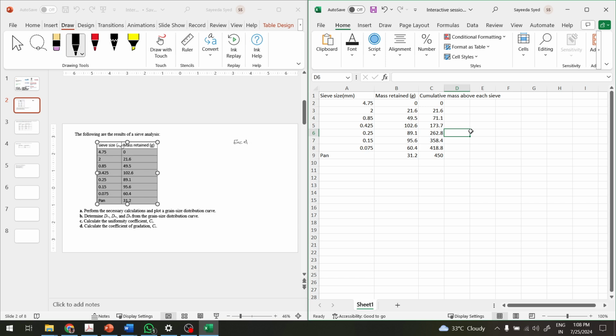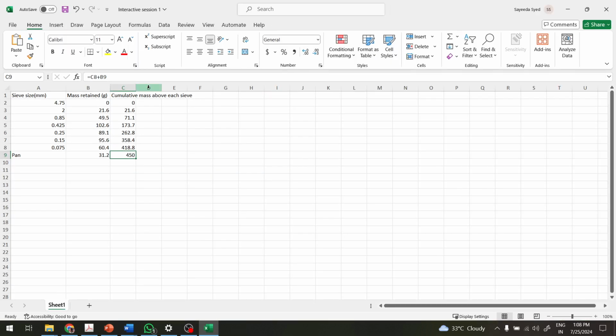So this will be our cumulative mass above each sieve, and this is basically our total mass that we have used for this analysis. Let me give this another color. Okay.